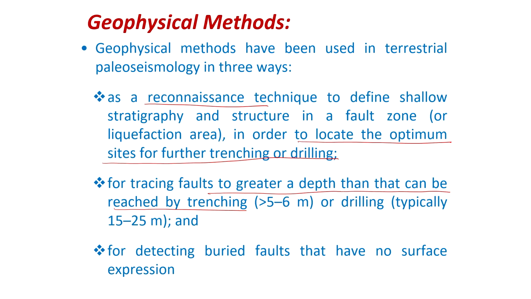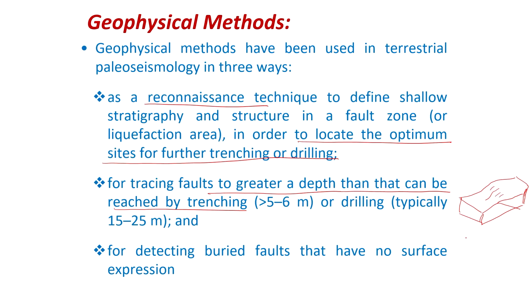The third is for detecting buried faults that have no surface expression. As we were talking about, we will see the scarp, and then we will open up the trench, but in some places this has been eroded. So, the fault is somewhere here, like this in 3 dimensions.